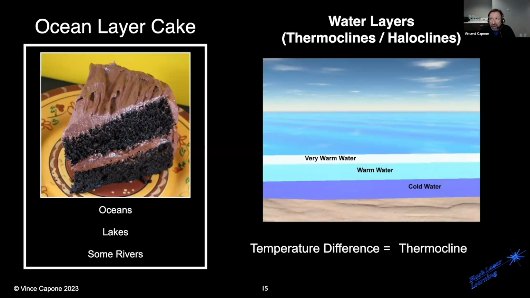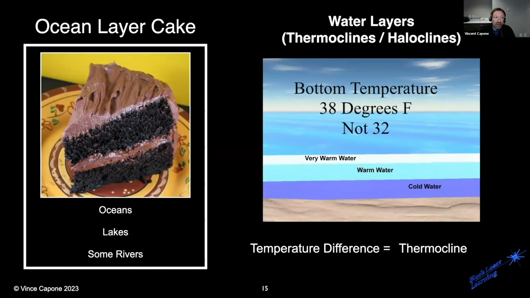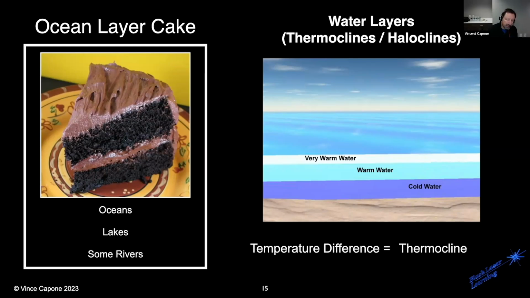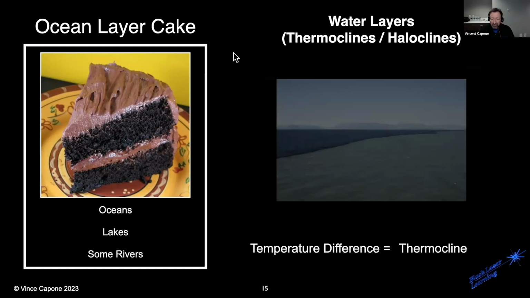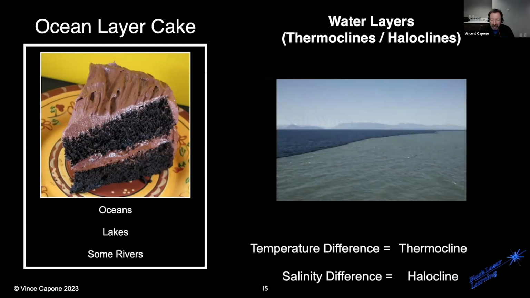In the summertime, in this one lake where we found America's oldest intact warship, the water temperature on the surface was 70, 72, and on the bottom it was 32. Quite a difference. Now, why do we care about those layers? We'll talk about it. And also, there's an example of the salinity difference. You could get that salinity difference on the surface. We call the temperature difference a thermocline and the salinity difference a halicline.